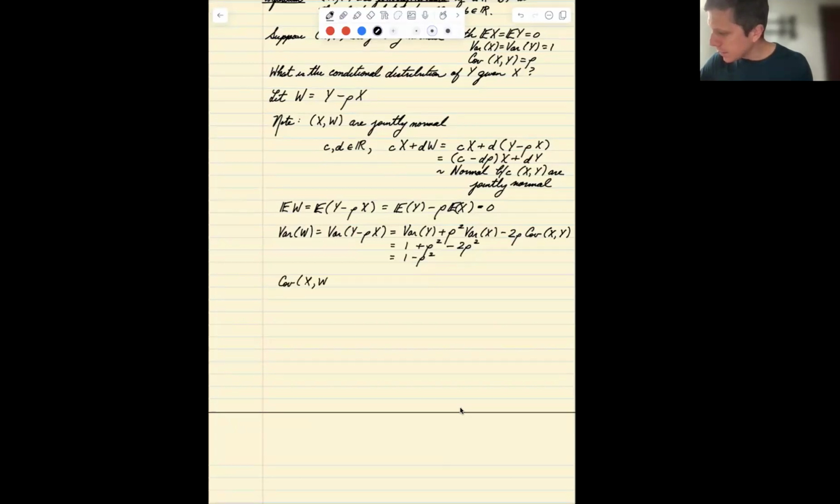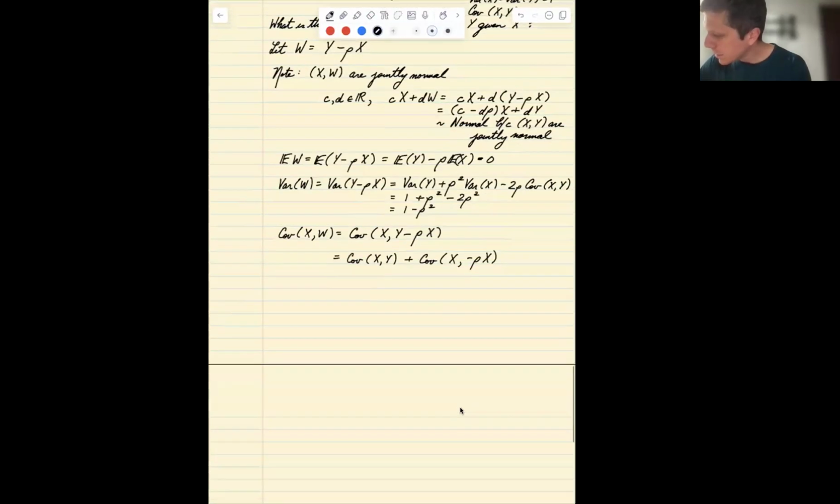And then the covariance of X and W is the covariance of X with Y minus rho X. Bilinearity of covariance tells us that this is the covariance of XY plus the covariance of X with minus rho X. This is rho minus rho times the covariance of X with itself.